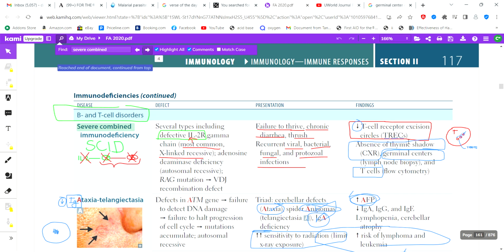Remember our original question: the patient has otitis media, pneumonia, thrush, chronic diarrhea, and failure to thrive. He is tachypneic and has perioral cyanosis. X-ray shows bilateral interstitial opacities. Bronchoscopy shows Pneumocystis, a fungus.